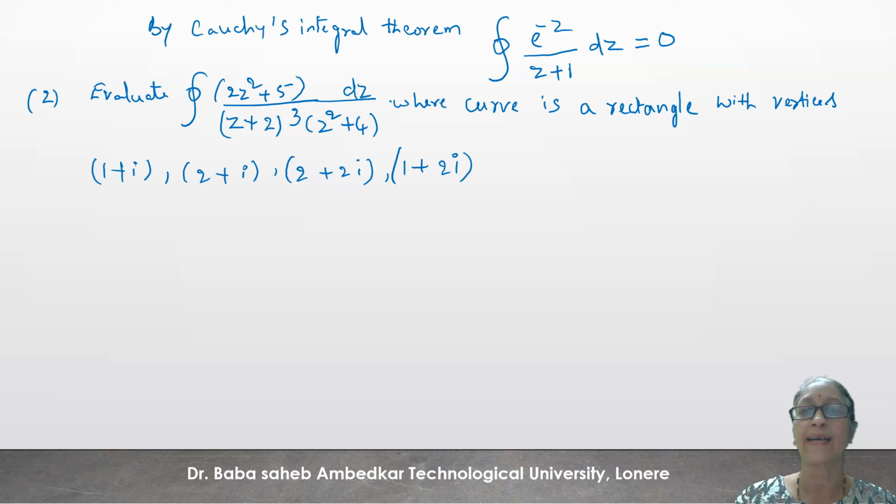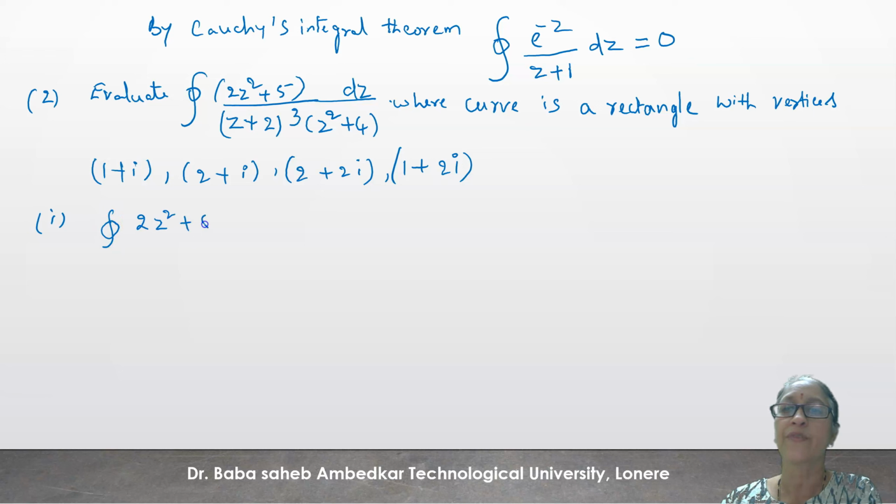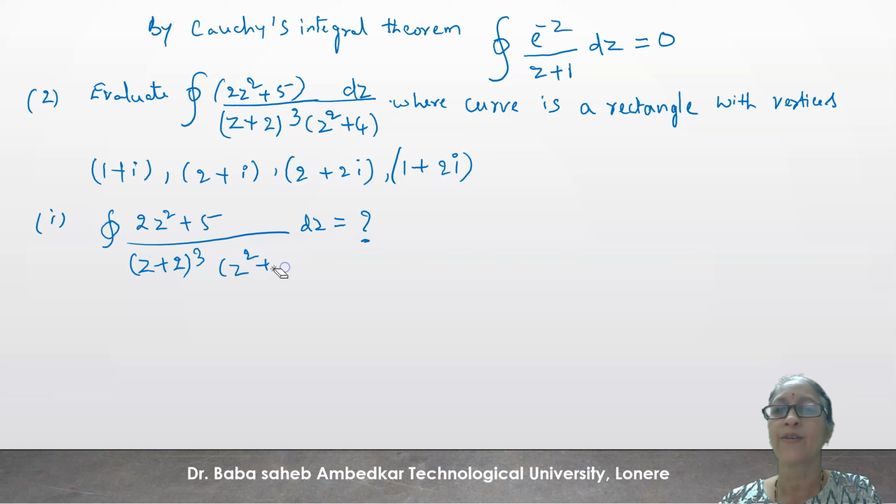And what is the given integral? The given integral is (2z square plus 5) upon (z plus 2) whole cube, here the order is 3, and (z square plus 4) dz. We have to find the value of this integral.